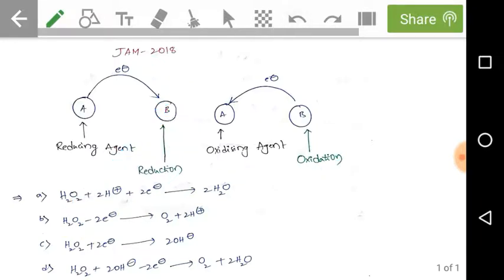Next we check option C, the third reaction. Here, plus 2 electrons means the hydrogen peroxide reactant is taking 2 electrons and producing 2 OH minus.